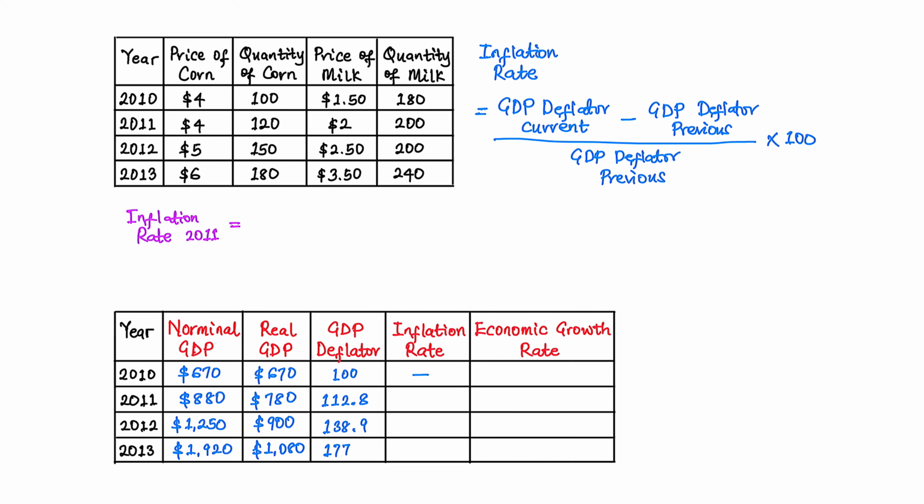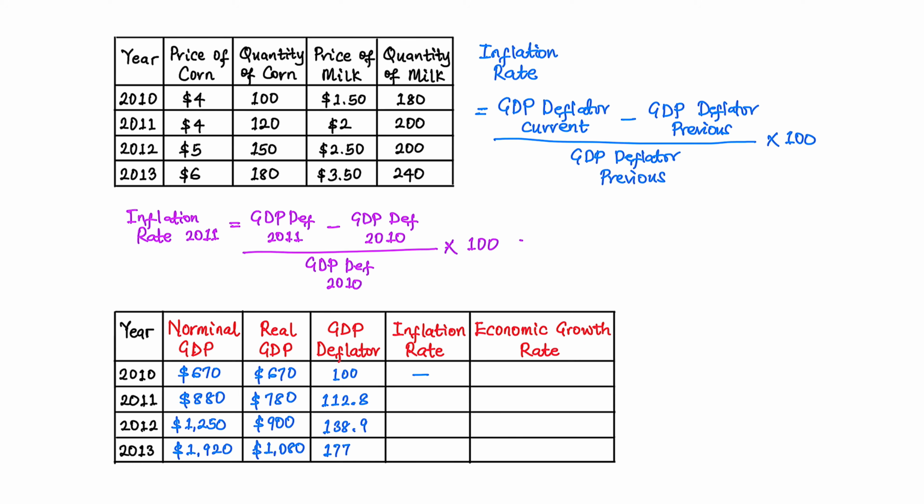So inflation rate in 2011 equals the GDP deflator of 2011 minus the GDP deflator of 2010 divided by the GDP deflator of 2010 times 100.